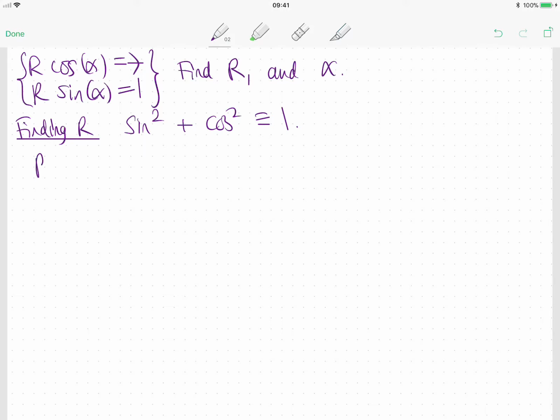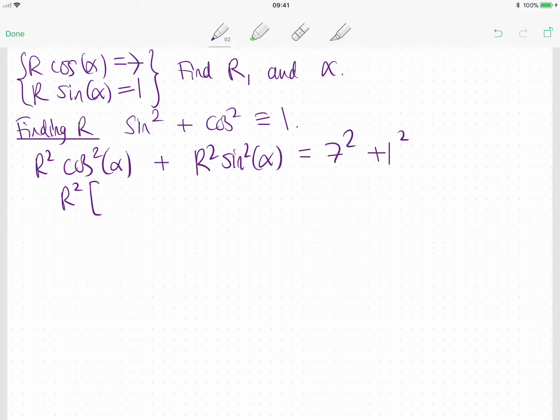So let's try that. If we square the first one, we get r squared cos squared alpha. If we square the second one, r squared sine squared alpha. If we add them, we need to do the same on both sides, and we get this equation.